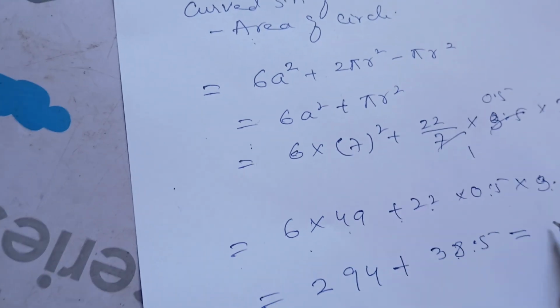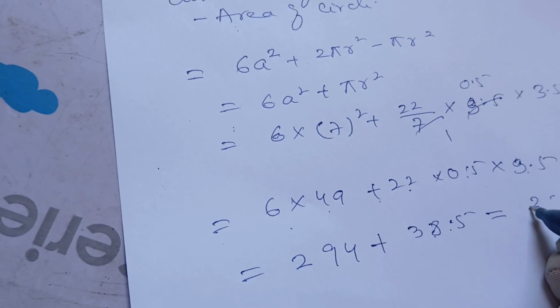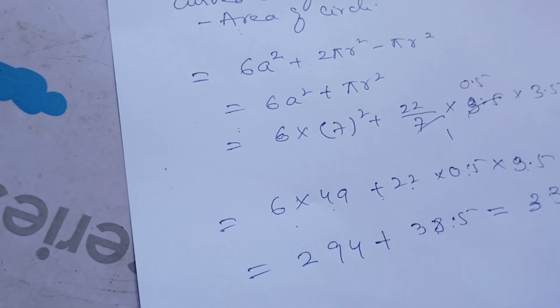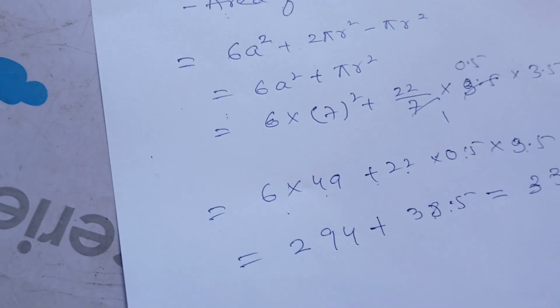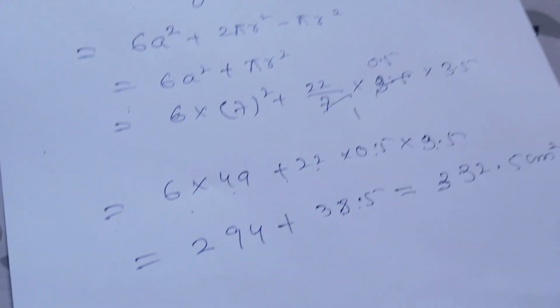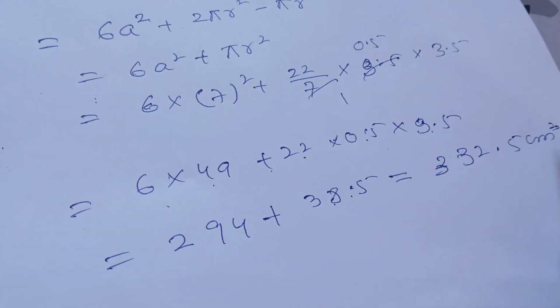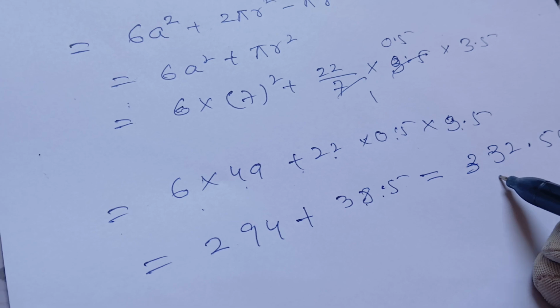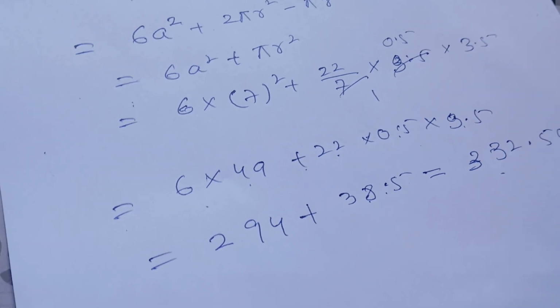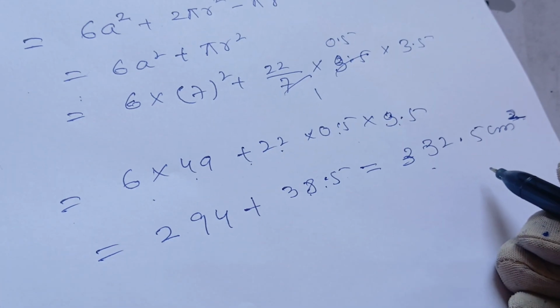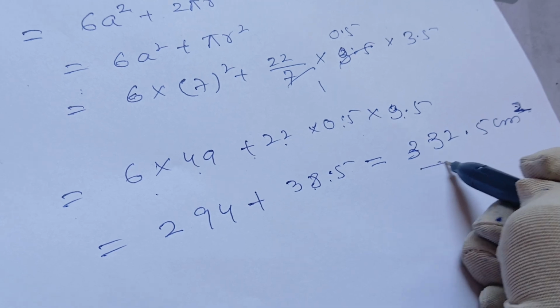When we add these two, we get 332.5 centimeter square. Volume is always in cube and the surface area is in square. So this is the surface area of the toy.